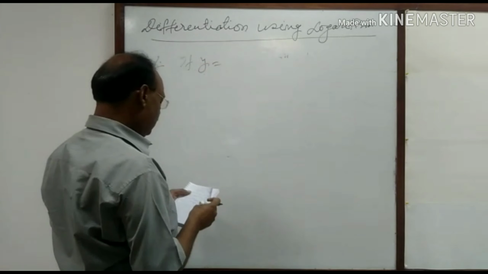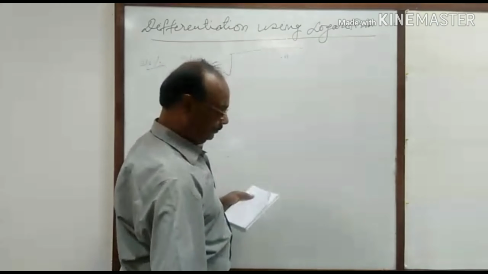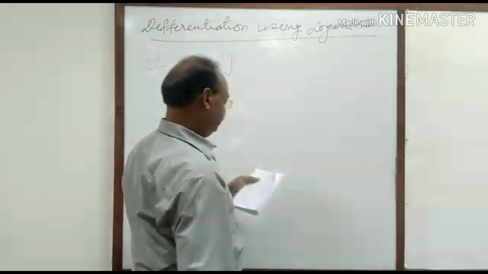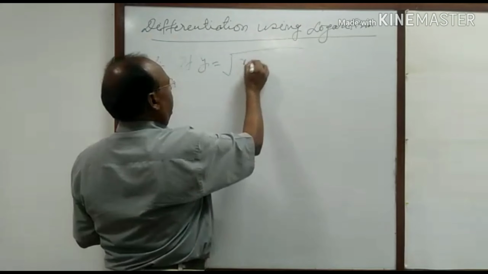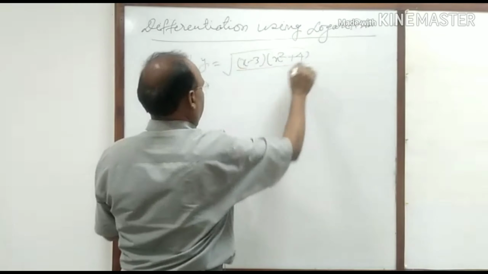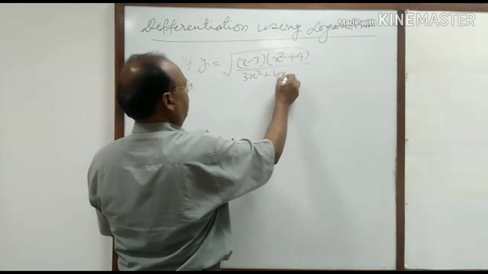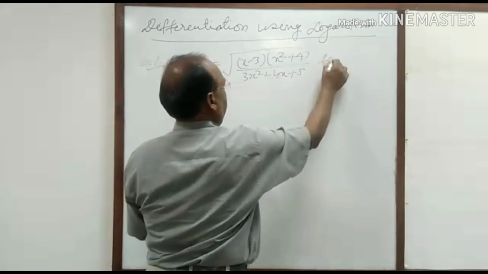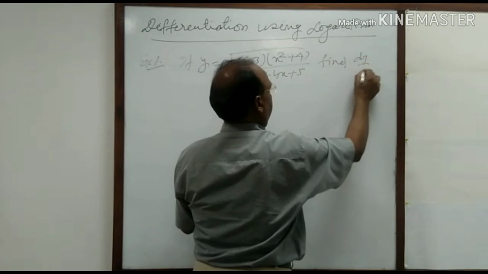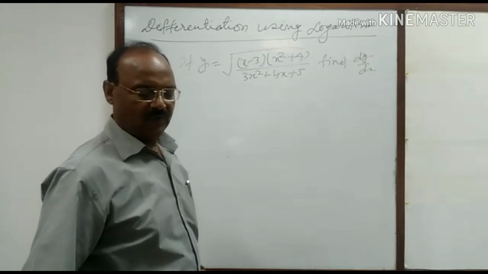If y is equal to root over x minus 3 into x square plus 4 divided by 3x square plus 4x plus 5, then we have to find the derivative of y with respect to x.